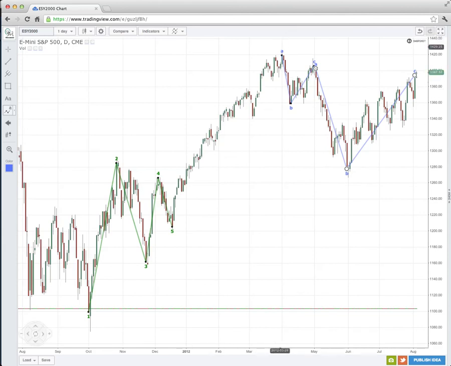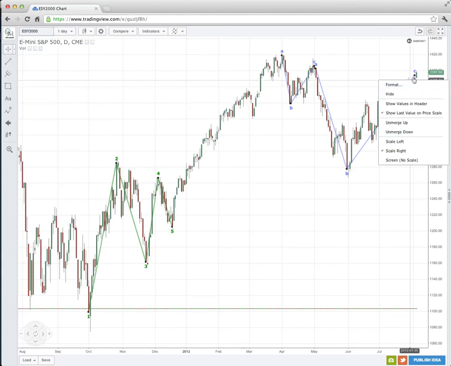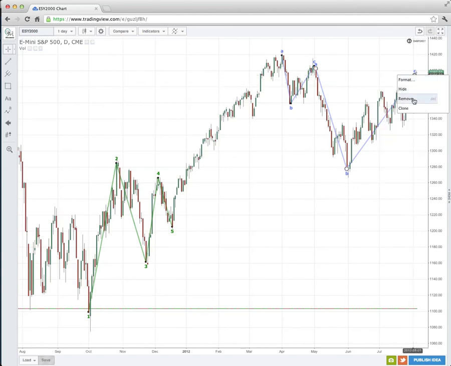Anyway, so here's our uptrend. So this uptrend is obviously broken. And really what the trend's going to look like is like this. Now, if you look at it, there's an Elliott wave in here, a smaller one.